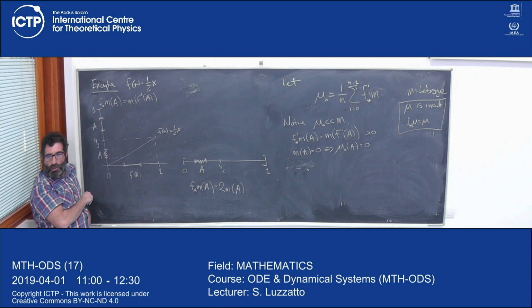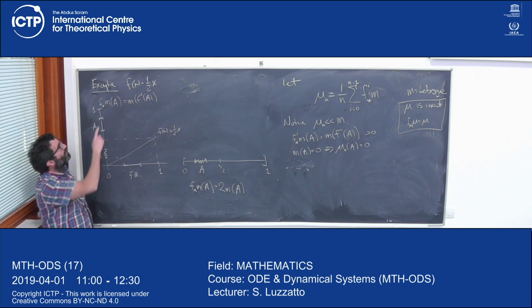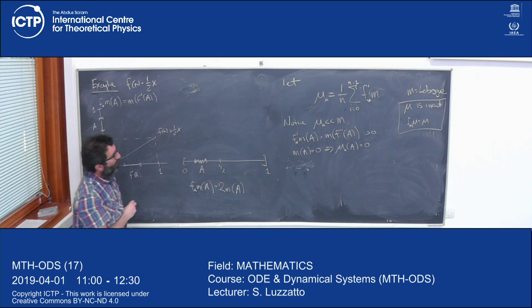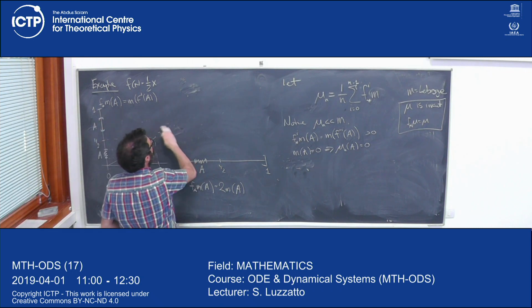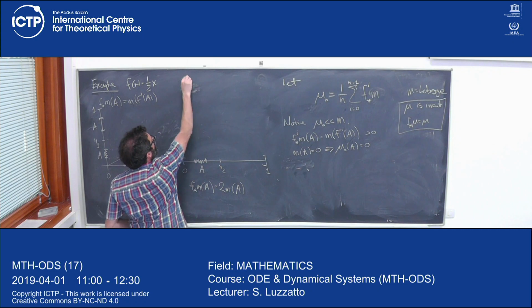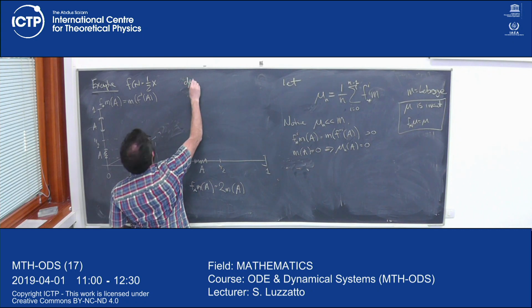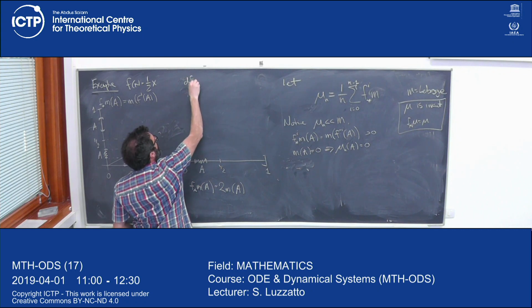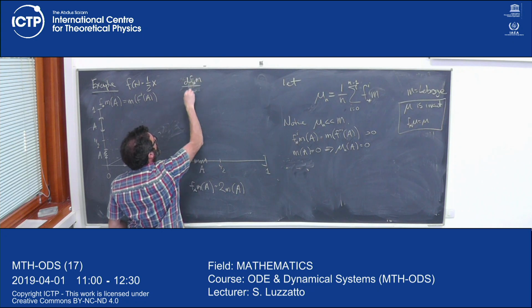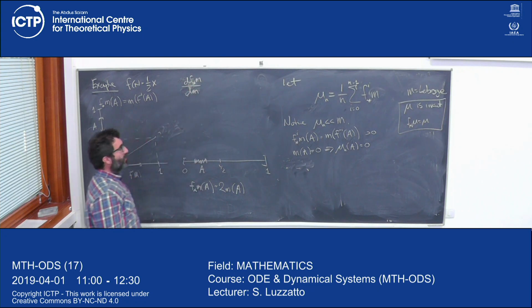So what does the density of this measure look like? What is the density d mu d f star n by dn?